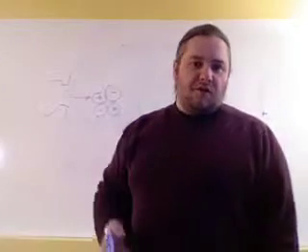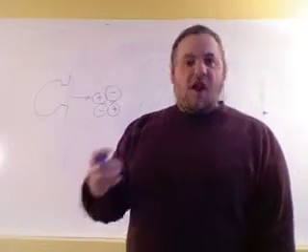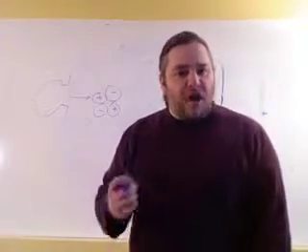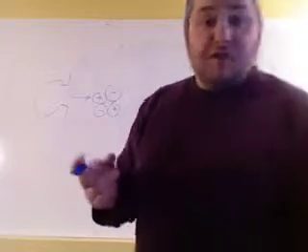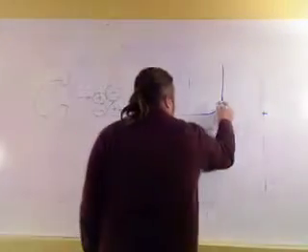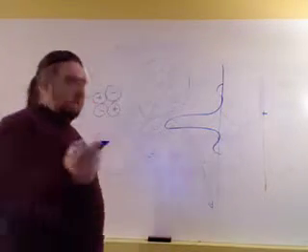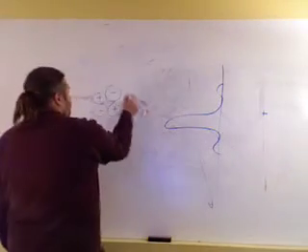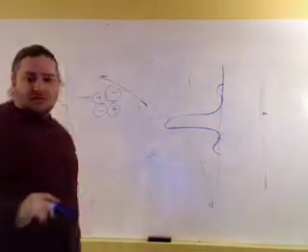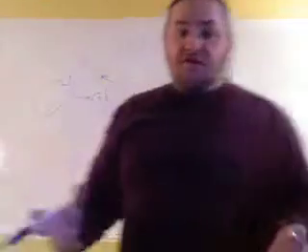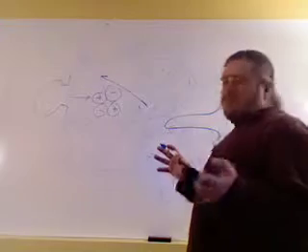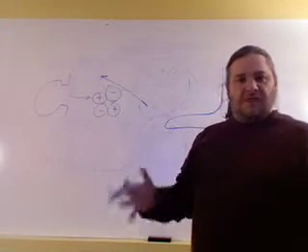Just went right straight through, no deflection whatsoever. Every so often, like 1 in every 1,000th particle was deflected. And some of those particles would end up over here. But other particles were actually deflected back. So some serious deflection. So the plum pudding model was a failure.